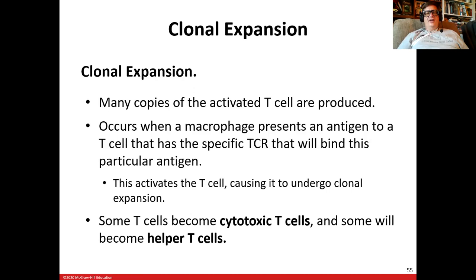When it presents that antigen to the T cell, the T cell receptor will bind to the antigen. That'll activate the T cell. It will clone itself and make lots of copies capable of finding the thing that was given to it. Some T cells become cytotoxic T cells, some become helper T cells.